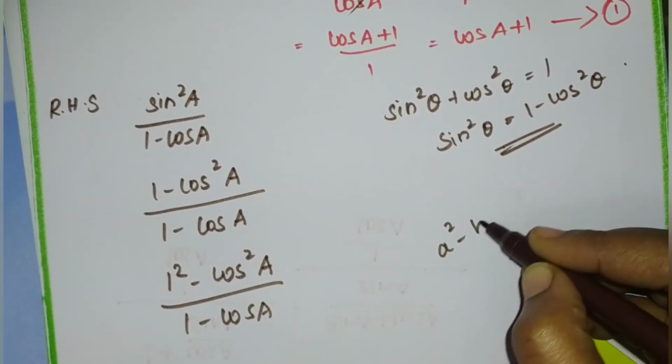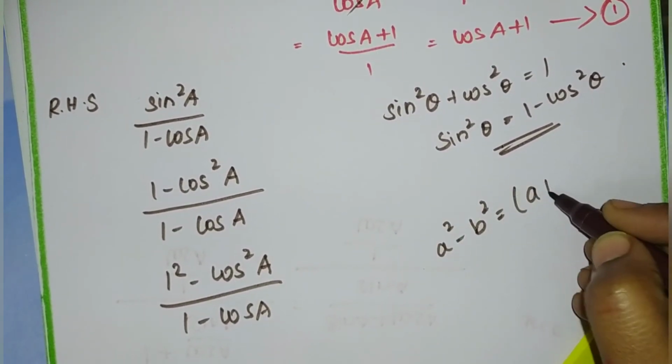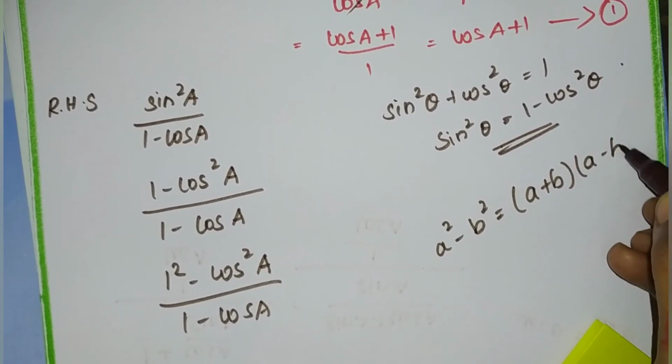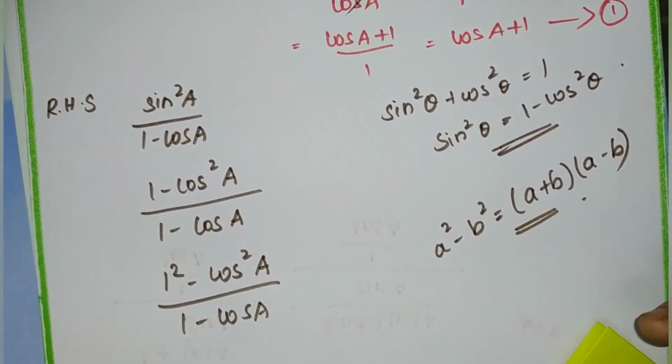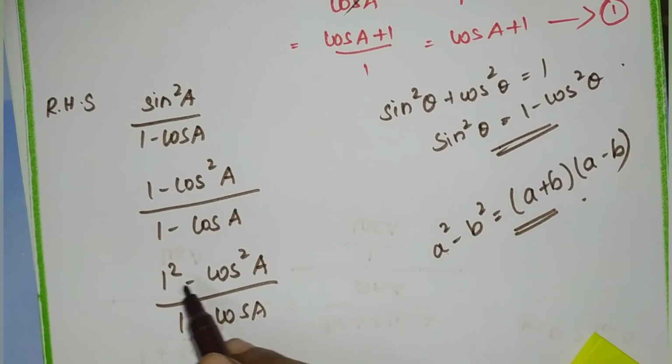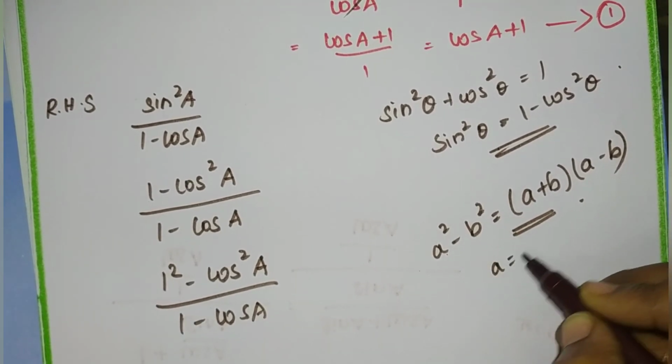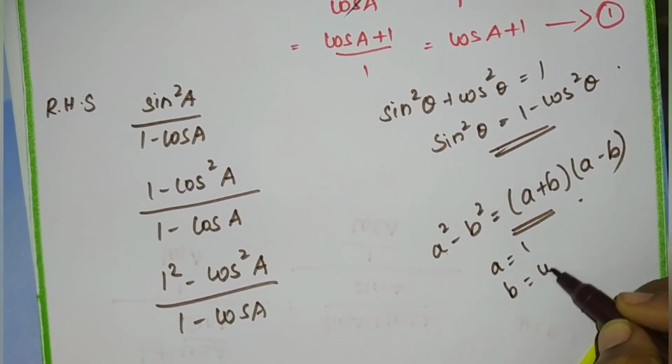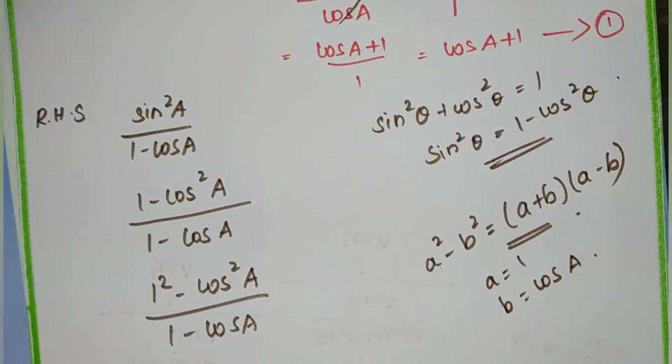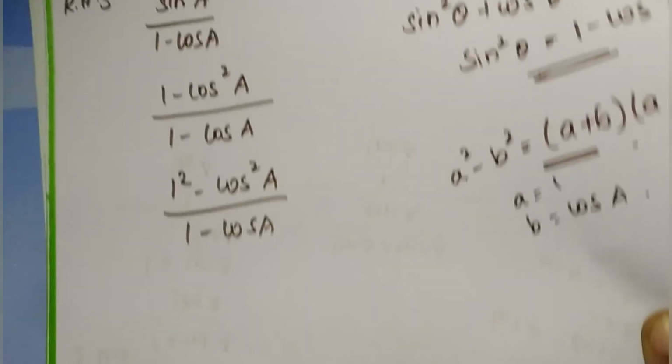The formula is A plus B, A minus B. What is the value of A here? That is 1. What is the value of B? Cos A. Clear?